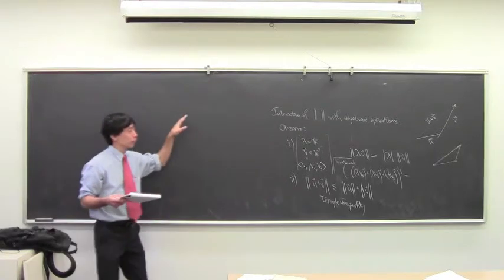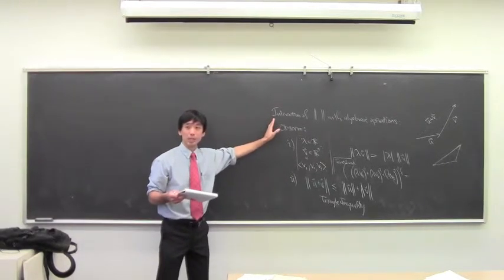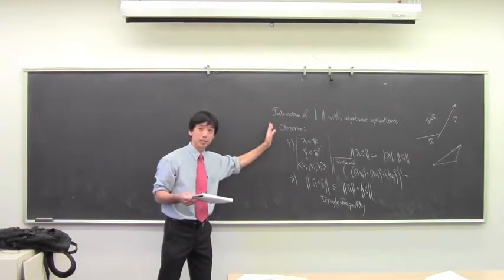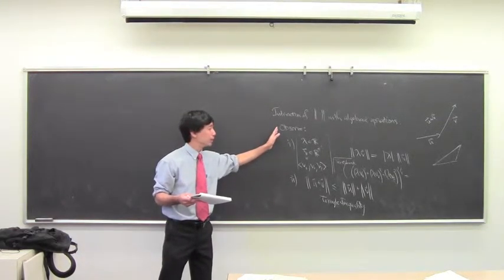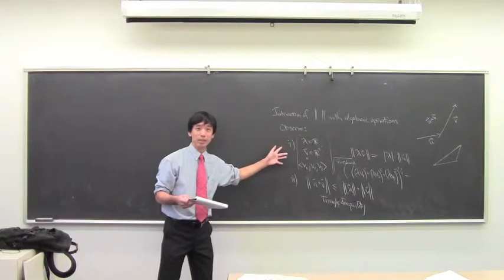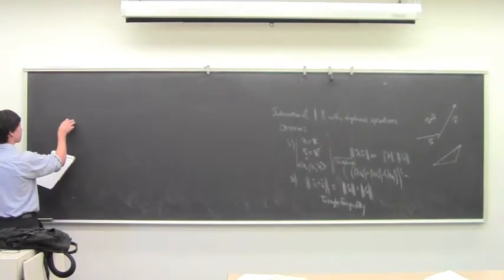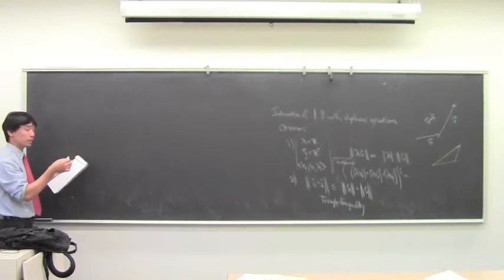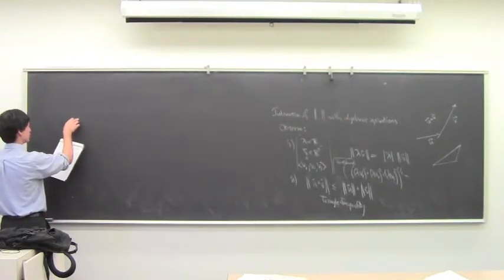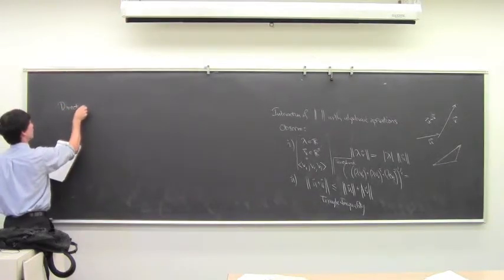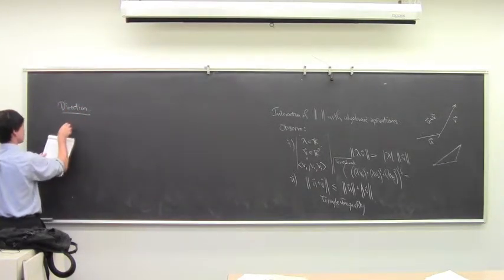Then we introduced the component notation, and we asked what the magnitude is in terms of component notation. And now we're going to talk about direction. How do you express direction in terms of the component notation?